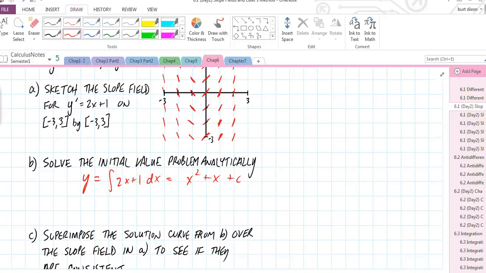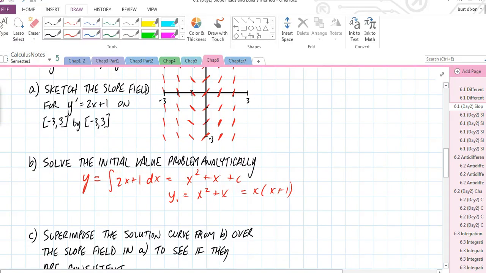And so if I choose different constants now, for example, one solution is just x squared plus x. That's a parabola that factors out to x times x plus 1, so it is going to cross the x-axis at 0 and at negative 1.